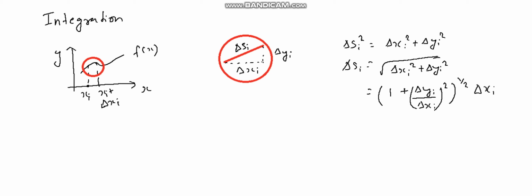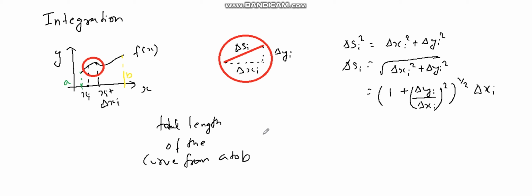Let's say this curve began at a point x equal to a, and ends with the point x equal to b. So the total length of the curve from a to b is actually the summation of all delta si.